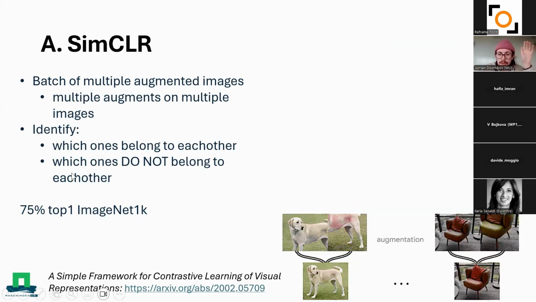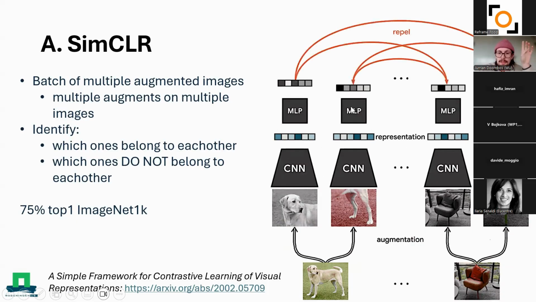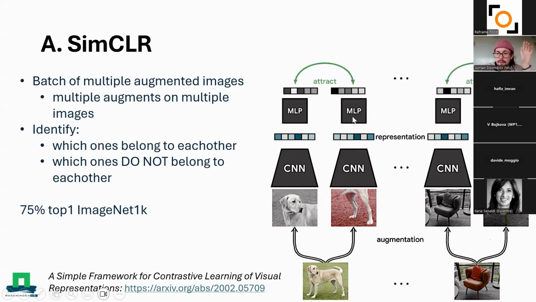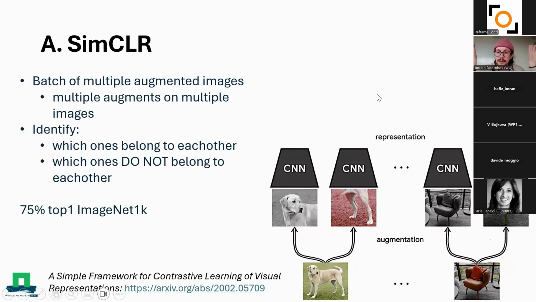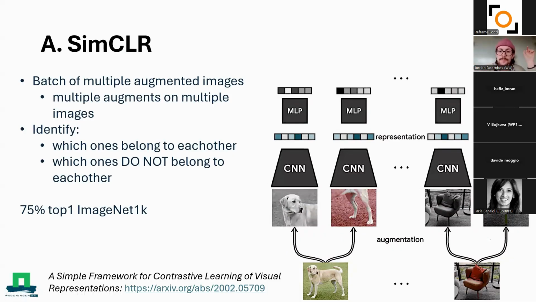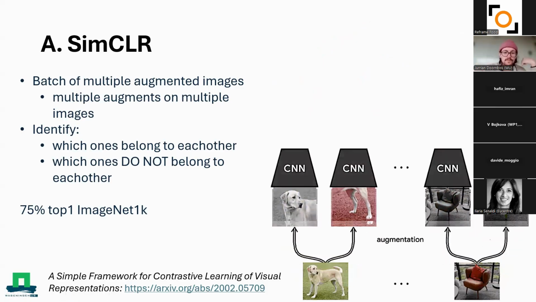They pass it towards this deep learning network, a convolutional neural network, which learns some sort of representation. And then between different subjects, so a chair and a dog, they learn to maximize the variance between these samples, between these basically rows of numbers. And between the samples of the same image, they want to attract as much as possible.